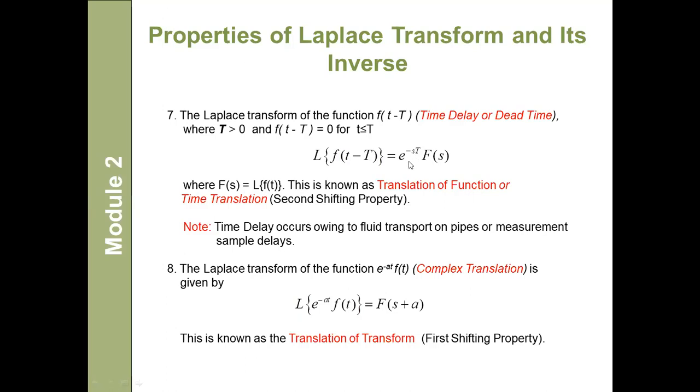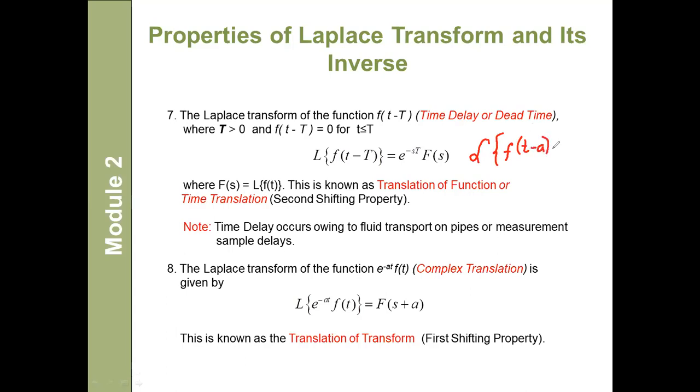This one is the second shifting property. When does this happen? This was also discussed in advanced math. This is equivalent to, let me annotate, taking the Laplace of a function in which the t has been shifted. So it's the time that was shifted.